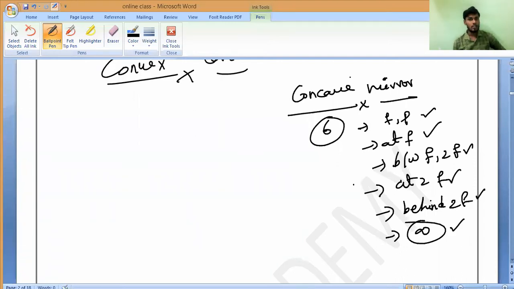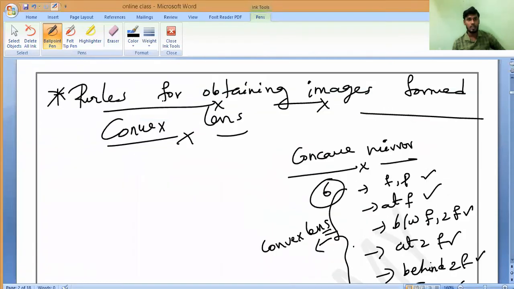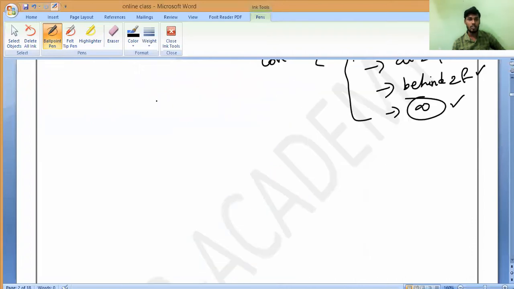If you respond, it is good. The same cases will be applicable to the convex lens. Those who don't know or know about mirrors doesn't matter, but at least for lenses you focus, because lens is the most important.